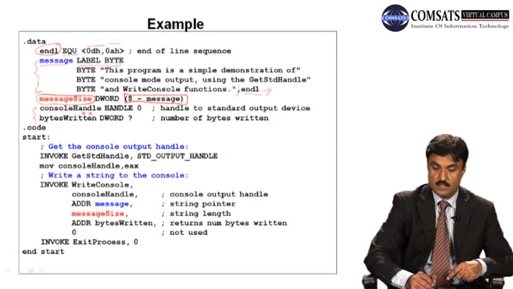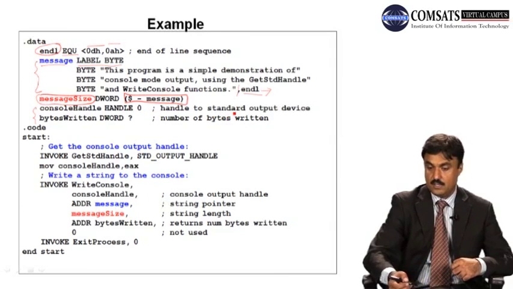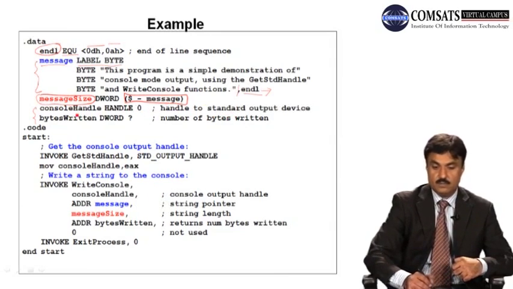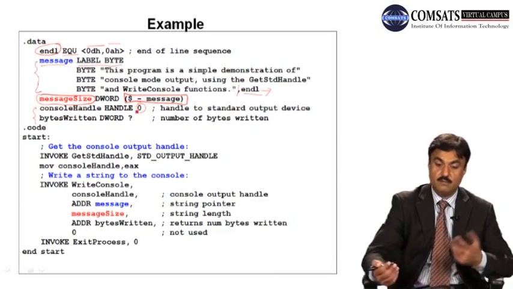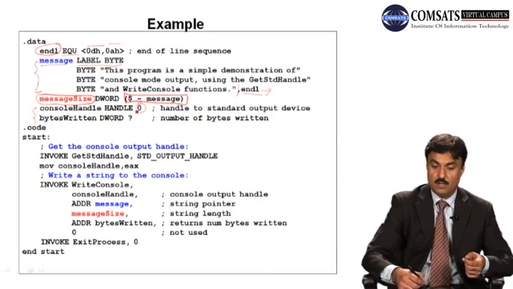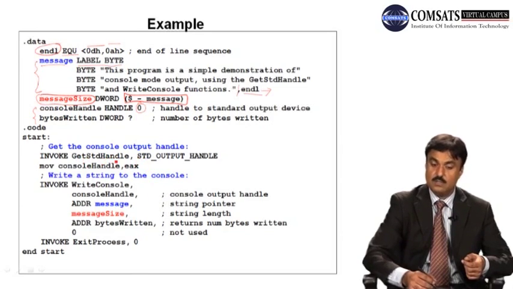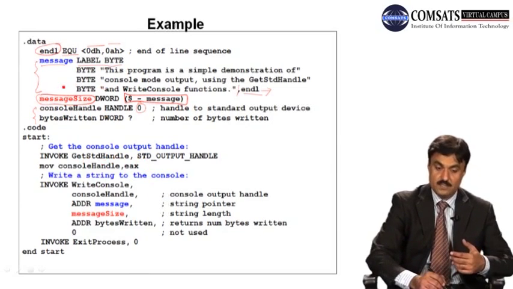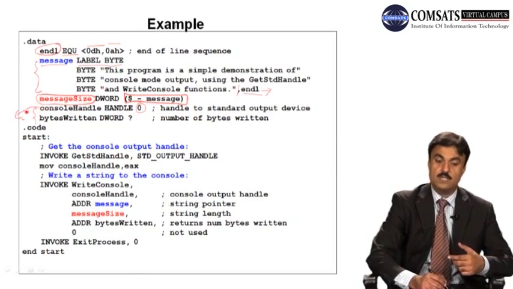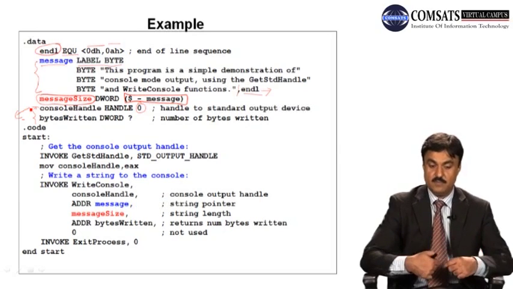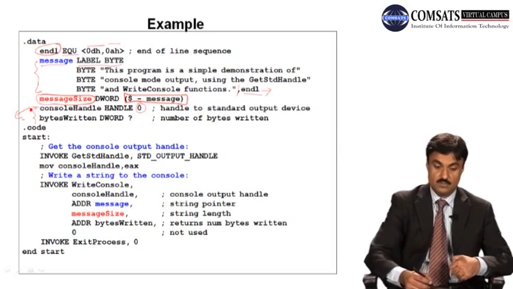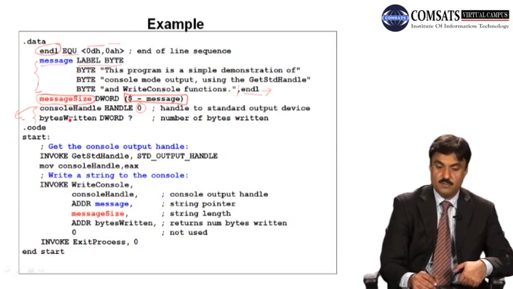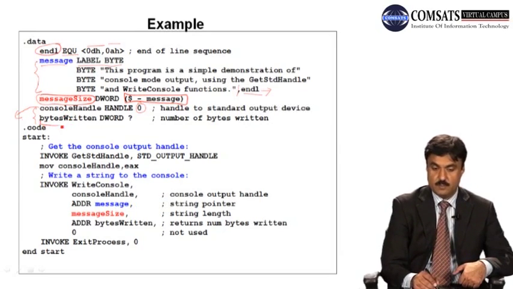And we need the console handle to the output device. Here we assign the value 0 for now, but we will receive a value from GetStdHandle, and that will be stored inside this console handle, which will be used inside the WriteConsole function. Then bytes written will be returned by this function, how many bytes have been written.